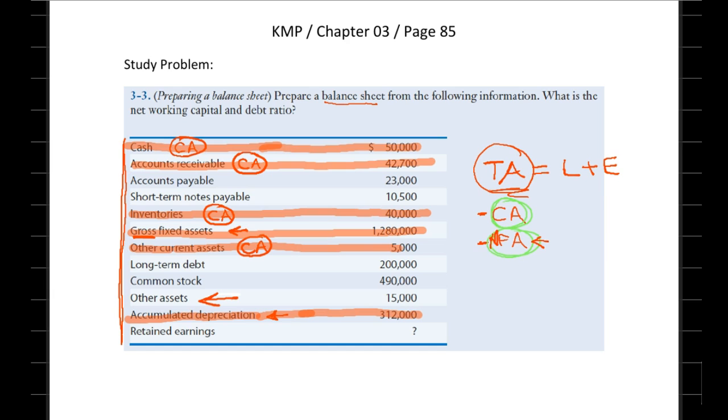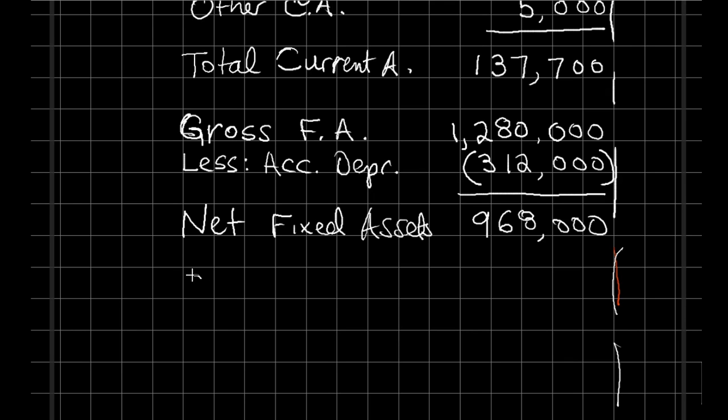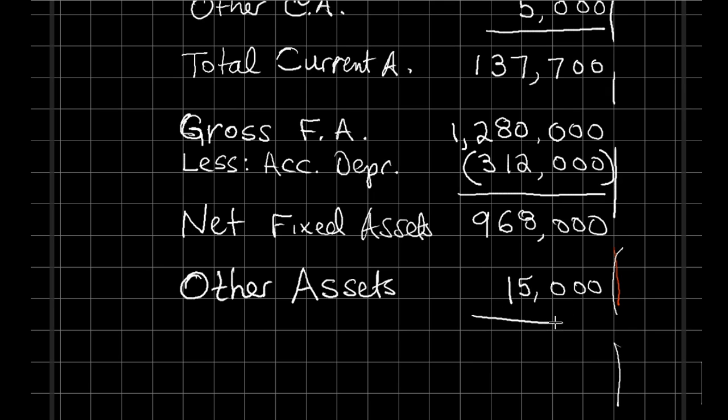So going to the next page again, we have other assets, and in that case other assets would be $15,000. Now it's time to add all these three subtotals, basically the total current assets, net fixed assets, and other assets, to come up with our total assets.